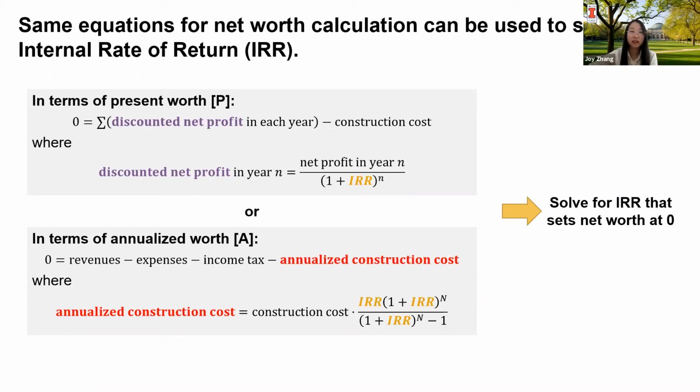And we can see that from the nature of these equations, it would be difficult to solve for IRR analytically, but we can resort to software with nonlinear equation solvers or just a general programming language. Next, please.